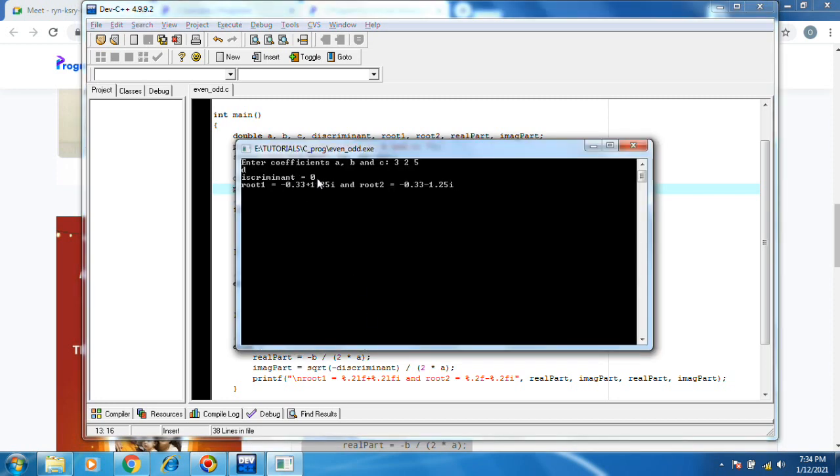You see, the discriminant is 0. Then root 1, root 2. How come these two things are coming?